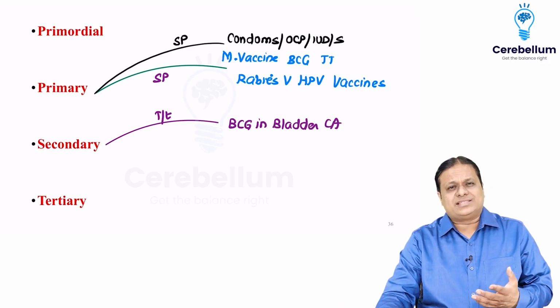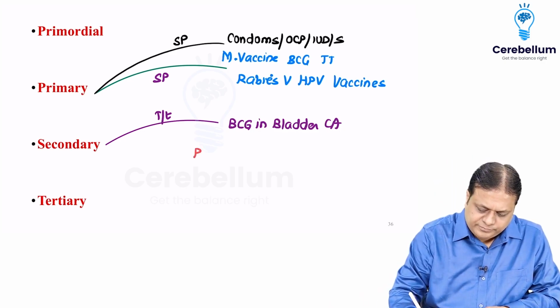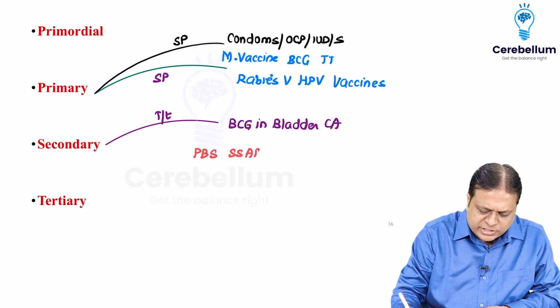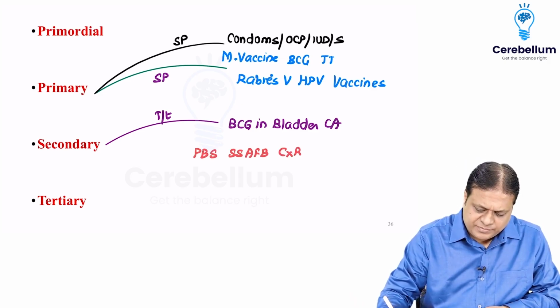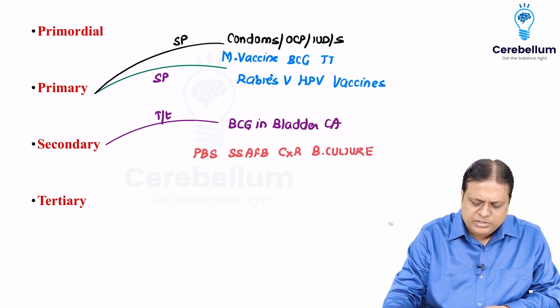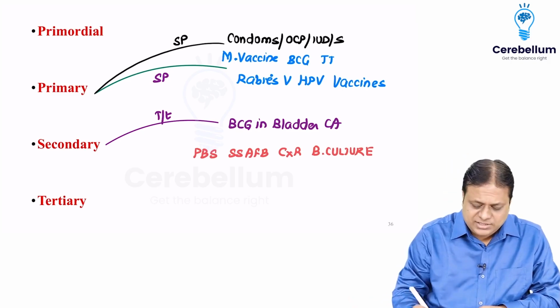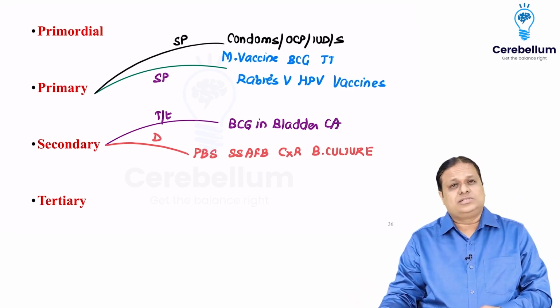Any test like peripheral blood smear, sputum smear for acid fast bacilli, chest x-ray, blood culture in typhoid, these are mainly used as a diagnostic test. So they will go in secondary level, diagnosis.